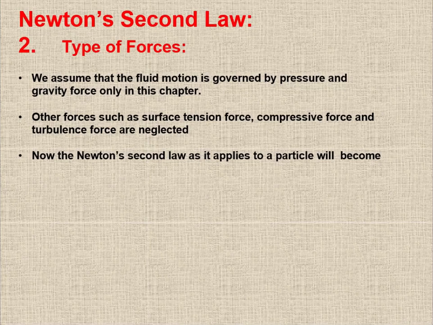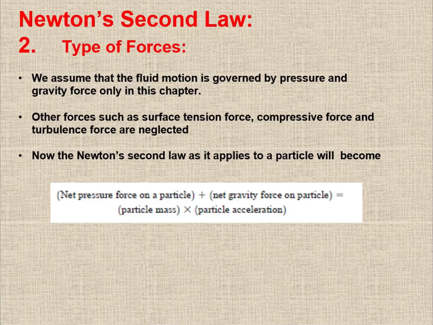So Newton's second law as it applies to a particle becomes: net pressure force on a particle plus net gravity force on a particle equals the particle mass multiplied by the particle acceleration. All other forces are neglected, and the acceleration is considered to be due only to these two forces.